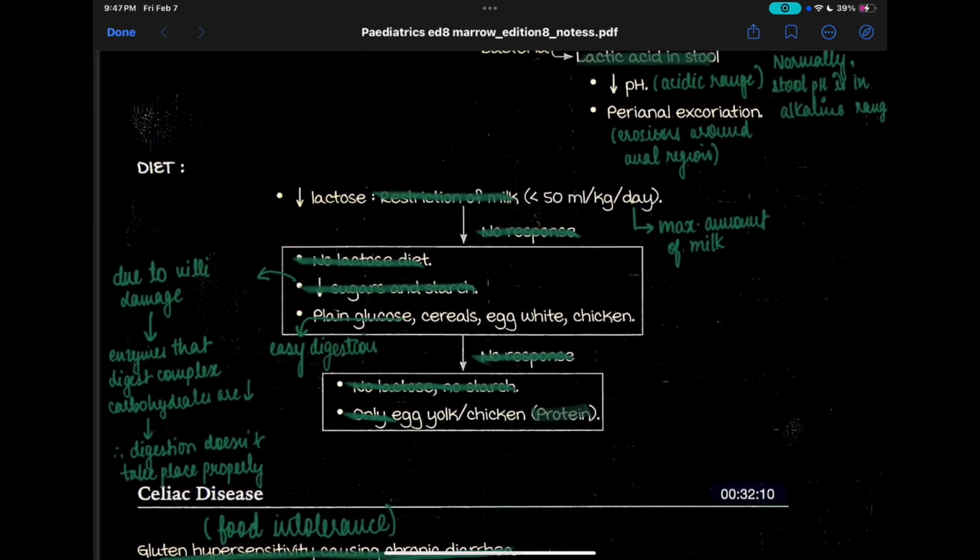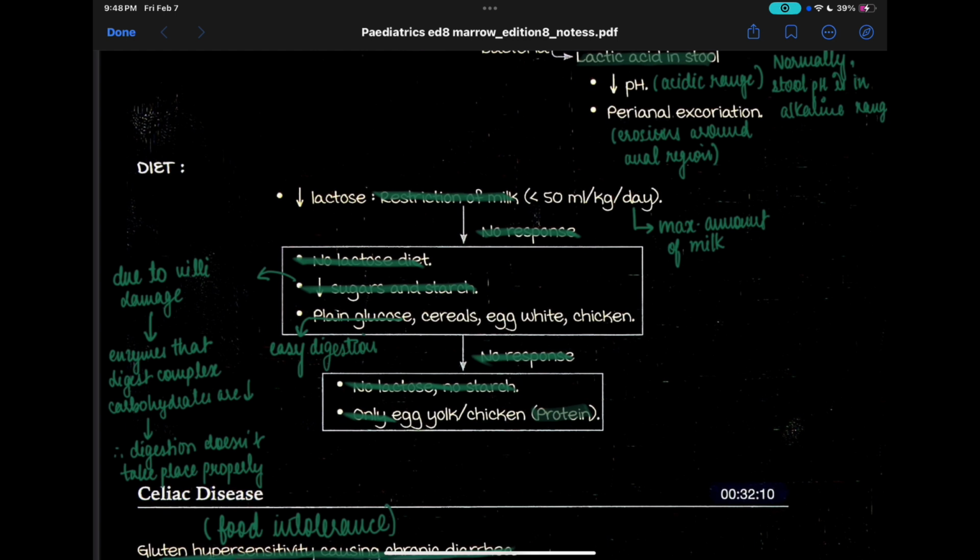Restrict milk to less than 50 ml per kg per day in persistent diarrhea. How much milk can be taken? Less than 50 per kg per day. If no response, then a no lactose diet. Decrease sugars and starch: plain glucose, egg whites, chicken. If still no response, no lactose and no starch, only egg white, chicken, protein.